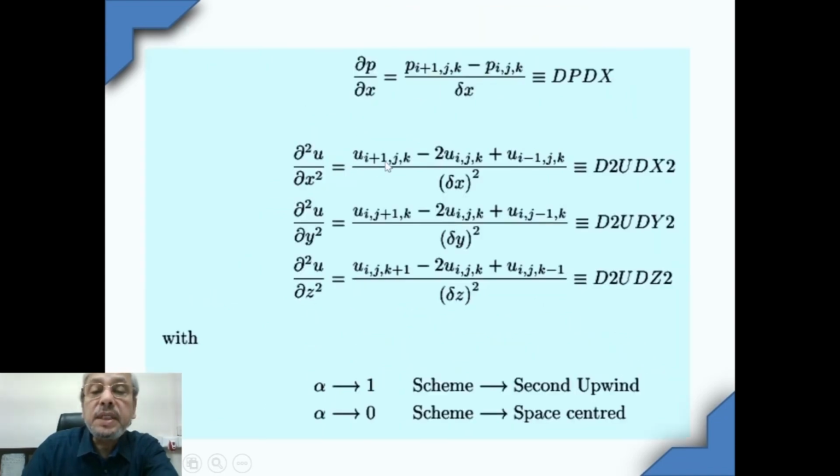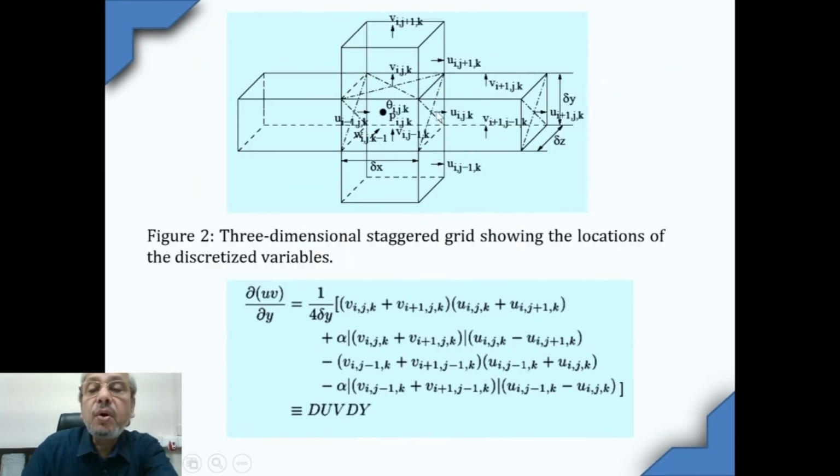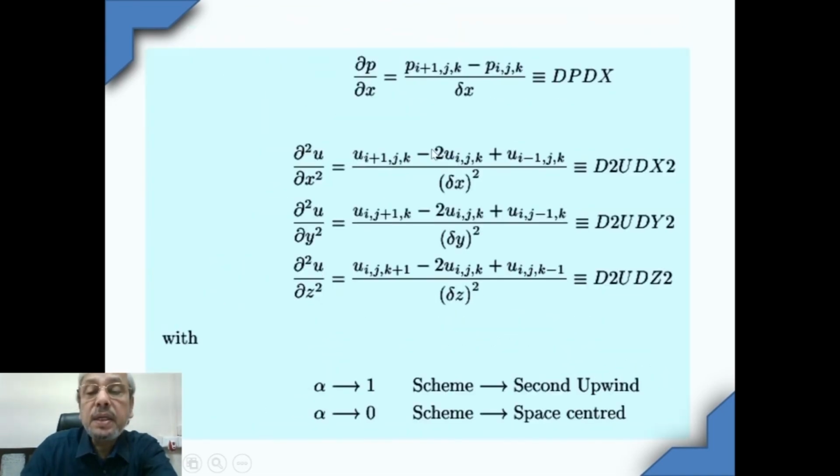Similarly, del 2u del y2, if I go back by a few slides, we have to make use of this: ui j plus 1 k minus twice uijk plus ui j minus 1 k divided by delta y square.